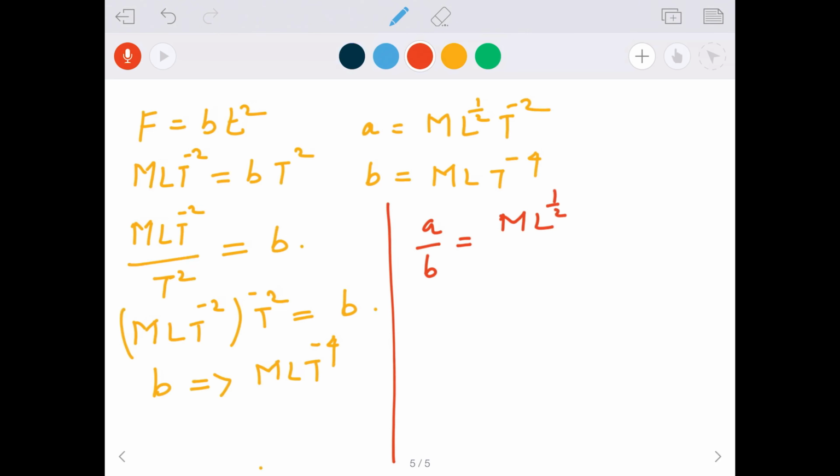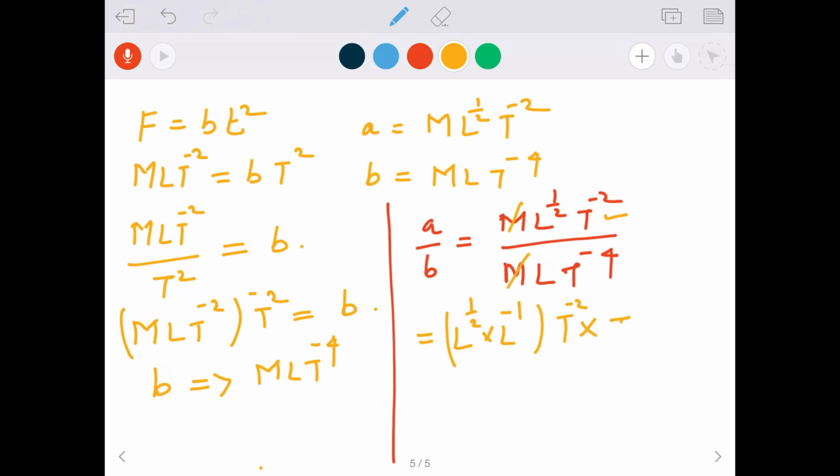So M cancelled, and L raised to half divided by L goes up, so L raised to minus 1. So I am writing L^(1/2) into L^(-1). Now T^(-2), and in the denominator we have T^(-4), which goes to the numerator as T raised to plus 4.